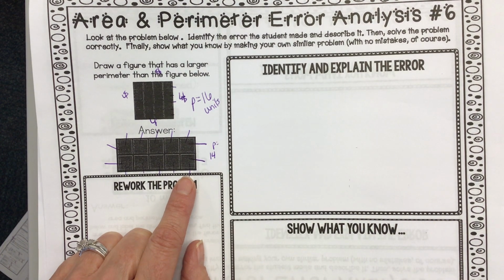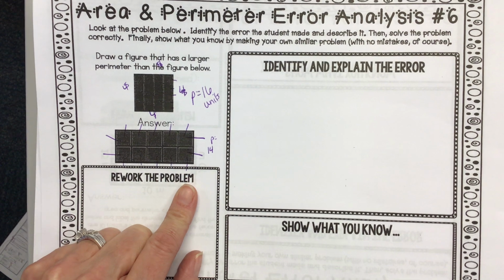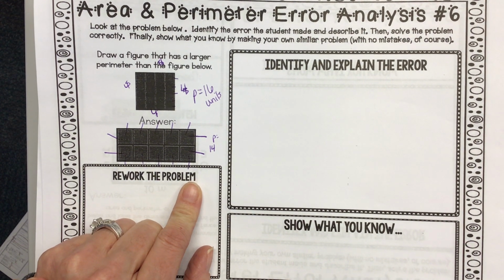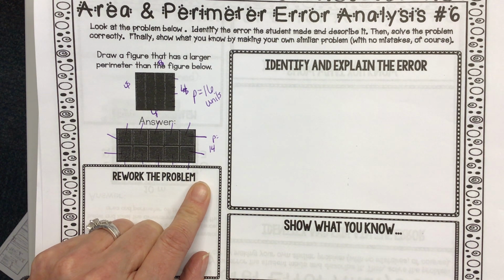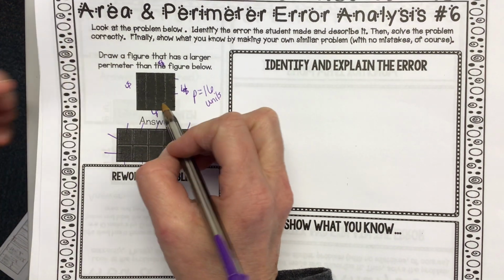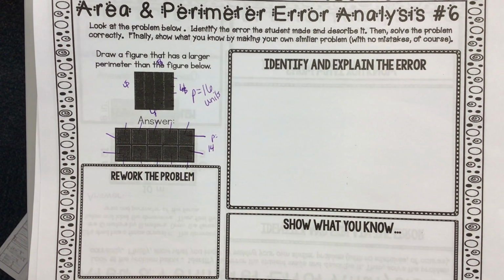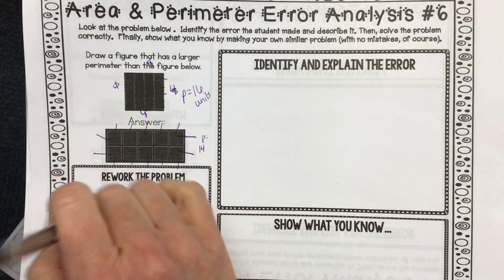Okay, Marin? Did 5 times 2 instead of 5 plus 2. Like if they did area. Right, but the area here is 16, so I don't think she was thinking of the area, because she would have drawn something bigger than 16 in area.